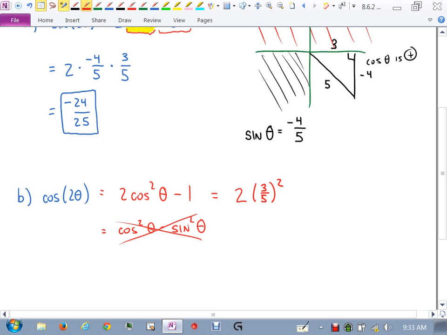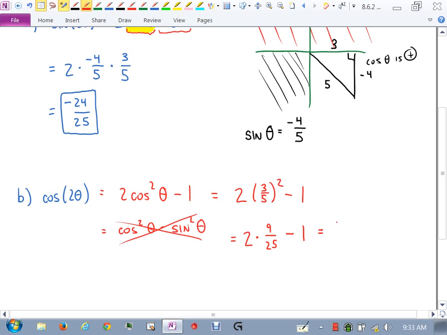And then minus 1, which is, let's see, 2 times 9/25. Squaring a fraction, you square top and bottom. And then 2 times, forgot the minus 1. 2 times 9, 18.